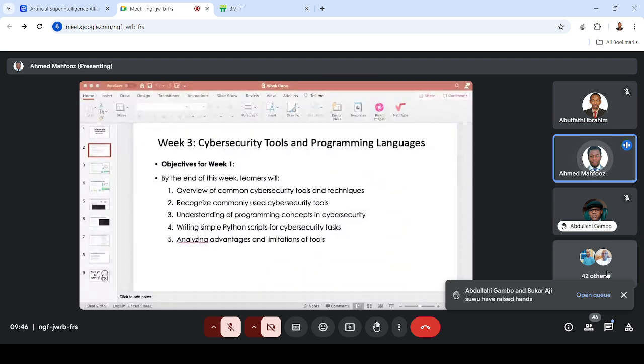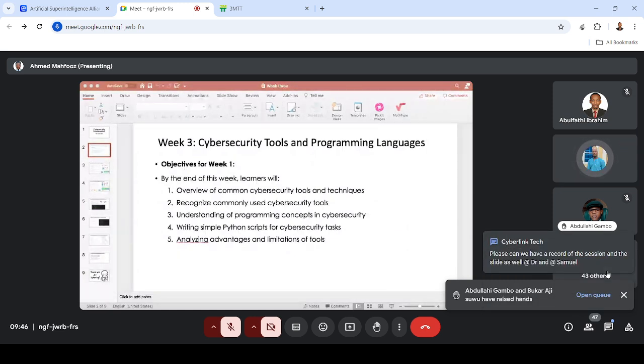If there are any challenges, we can look at them together outside the session, or practice together. But I assume you have a fundamental knowledge of how to write a simple script.